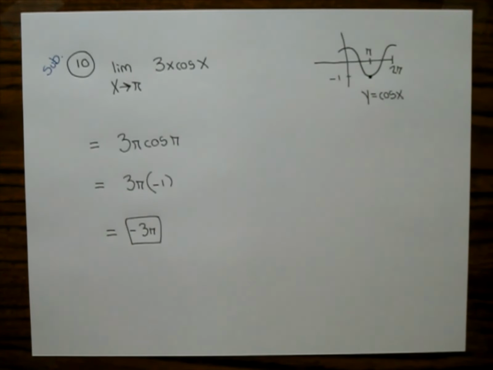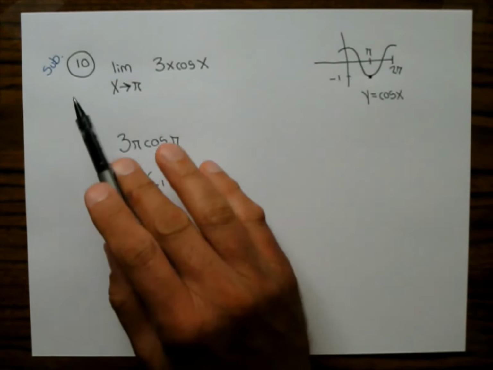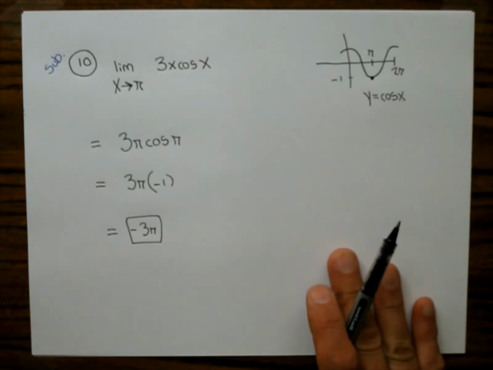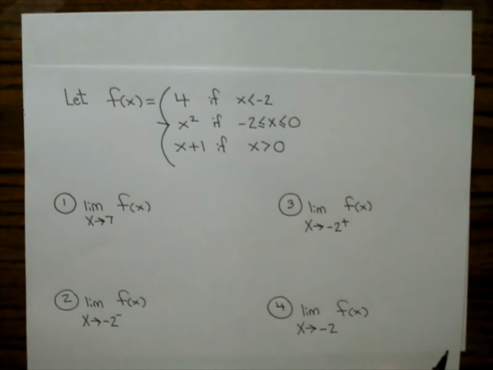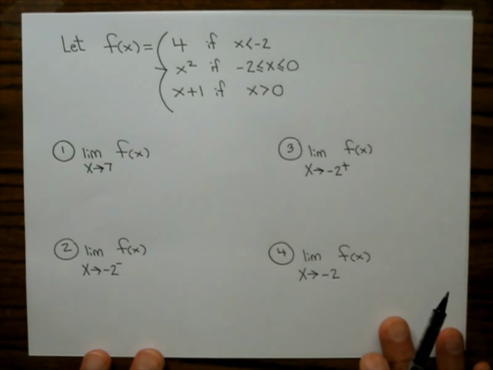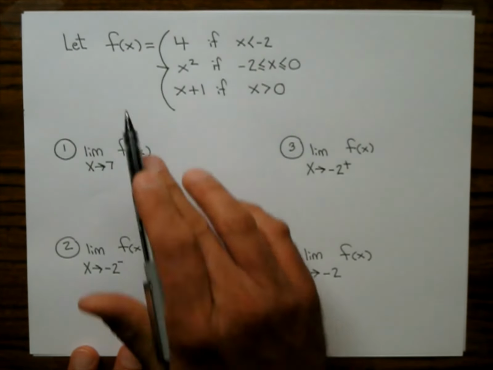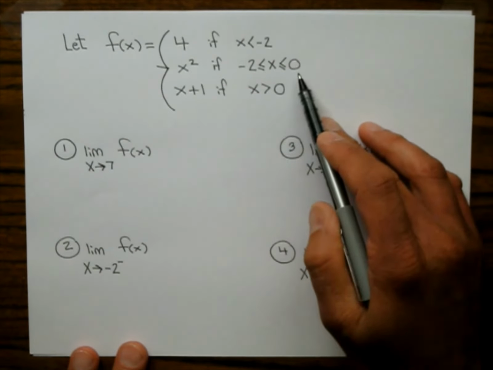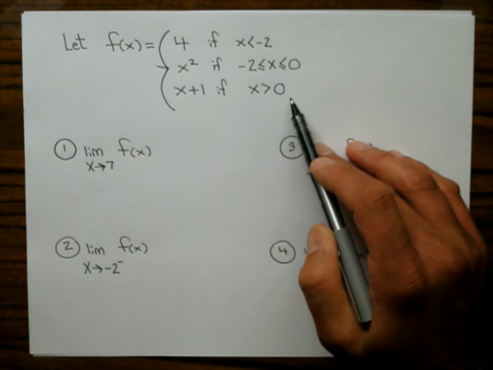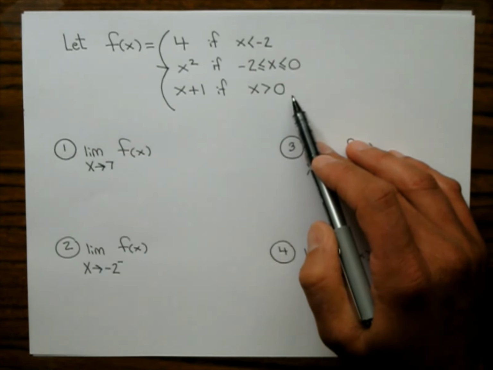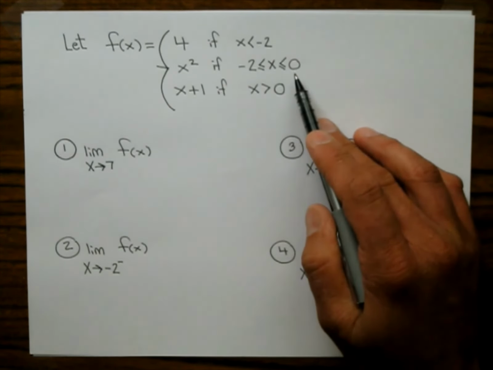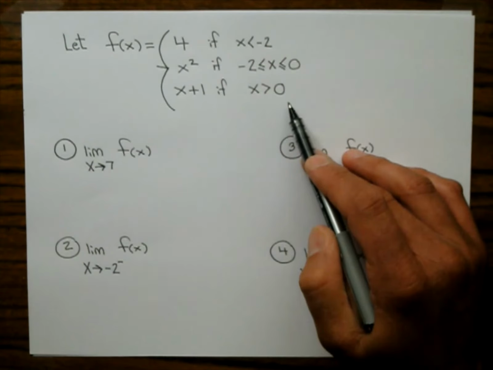Okay. We're getting pretty high in our numbering system. We're on number 10, so I'm going to start it back at number 1 again, and the next 7 problems are going to involve the same function. So here goes. Let f be this piecewise defined function. Okay, so hopefully you've seen these before. Another name for a piecewise defined function, sometimes you might hear me say, is a branch function.